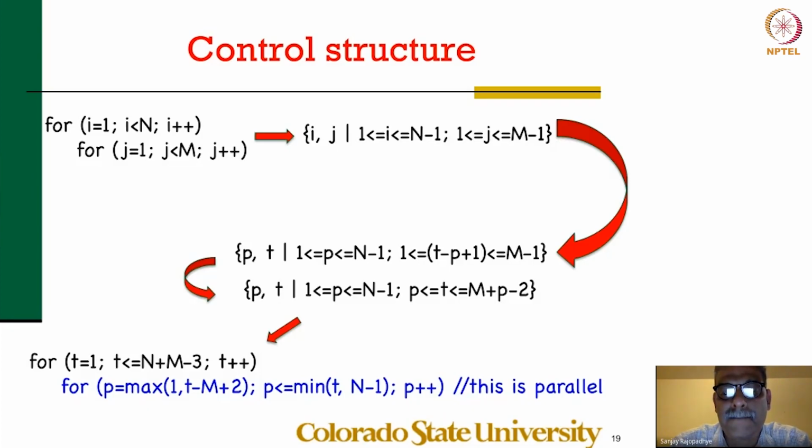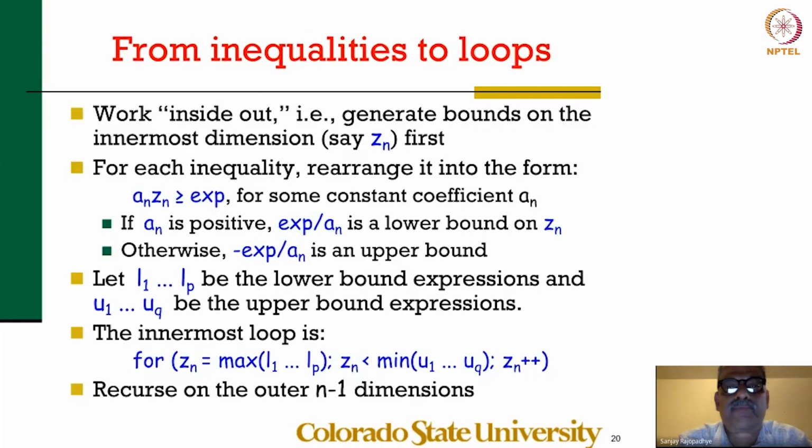Okay? This is the first step in this recursive algorithm. You work inside out. I spent some time explaining this algorithm on the slide for this particular example because it is important. Now, if you look at it in the notation, you have some variable Zn, which is your vector of the indices of the iteration space.